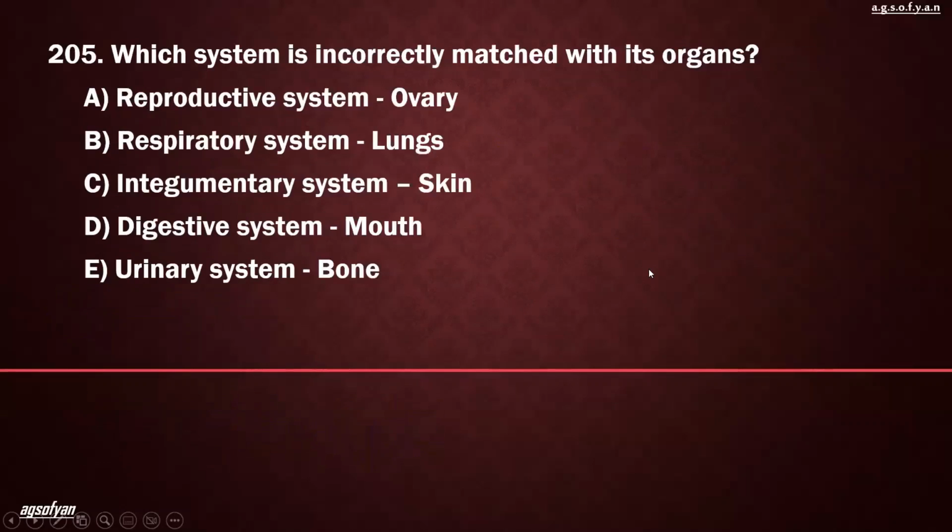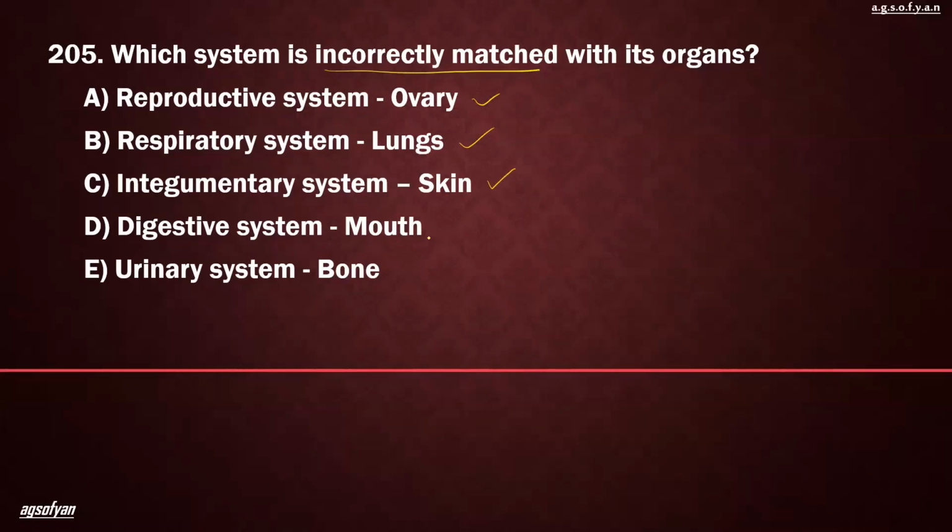Which system is incorrectly matched with its organ? Reproductive system, ovary? Yes, ovary produces eggs. That's part of the reproductive system. Respiratory system, lungs? We breathe, yes, we use lungs. Integumentary system, the skin? Yes, it is correct.